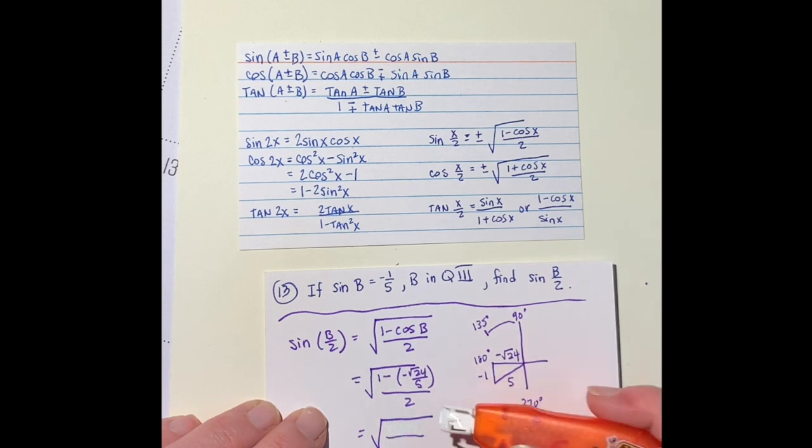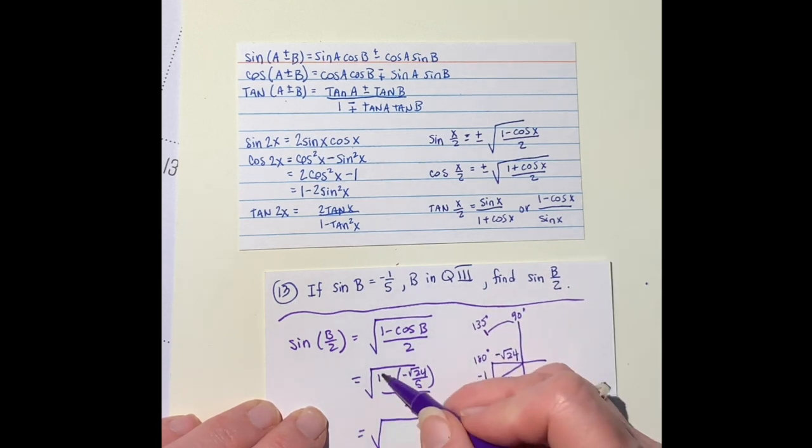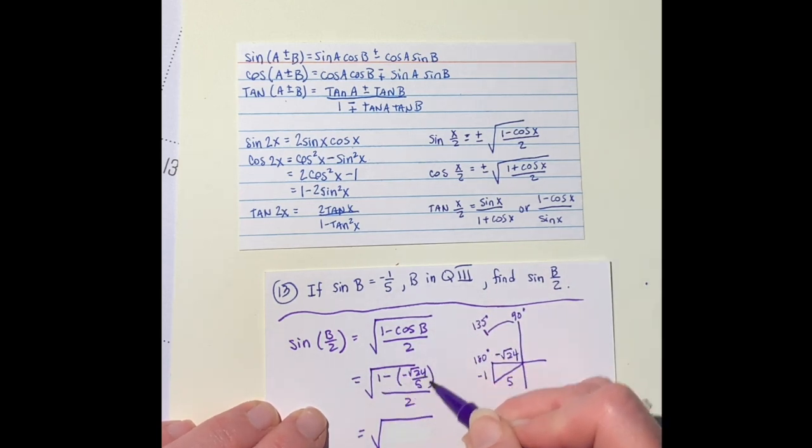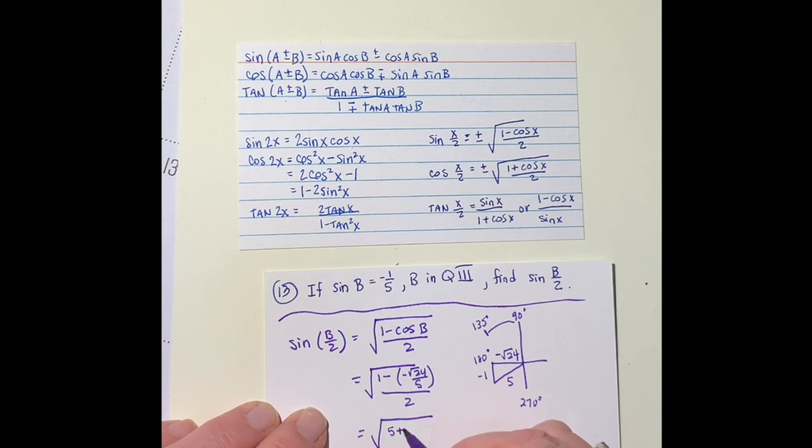Let's think of this, save the step here, as 5/5 plus square root of 24 over 5, which would make this 5 plus square root of 24 over 5, over 2, or times 1/2. It's going to turn this into the square root of 5 plus square root of 24 over 10. And that's about as good as you're going to do with that. I would just leave it that way.